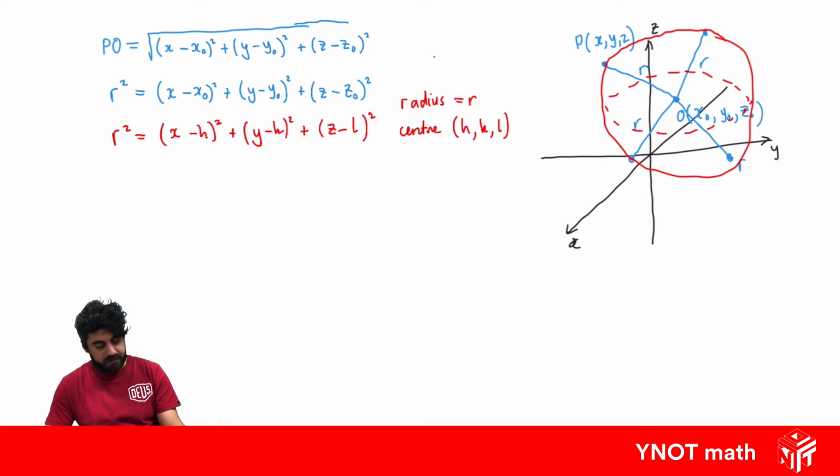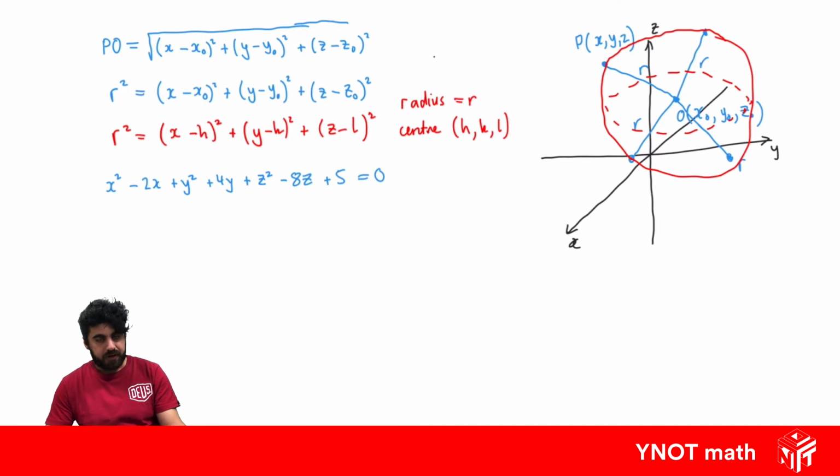So let's have a look at an example question. We want to find the radius and center of the sphere described by this equation of x squared minus 2x plus y squared plus 4y plus z squared minus 8z plus 5 equals 0.